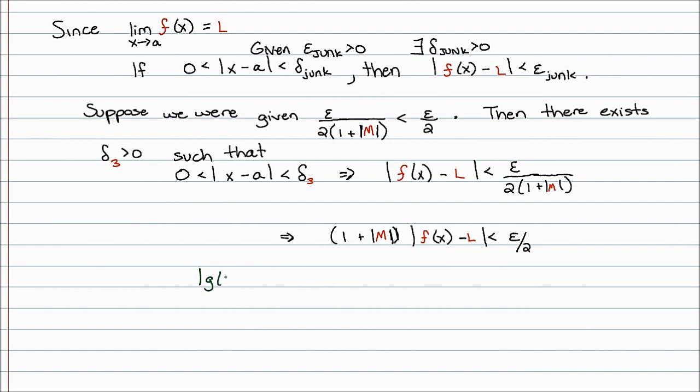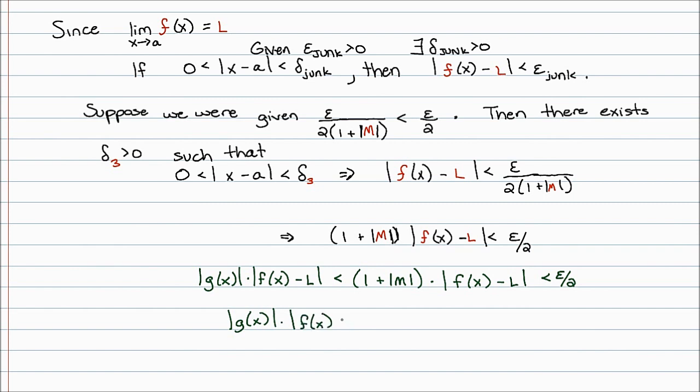So the absolute value of g of x times the absolute value of f of x minus L definitely is less than 1 plus the absolute value of m times the absolute value of f of x minus L, and all of that is supposed to be less than epsilon over 2. The outer stuff is what we're interested in: the absolute value of g of x times the absolute value of f of x minus L is now less than epsilon over 2.